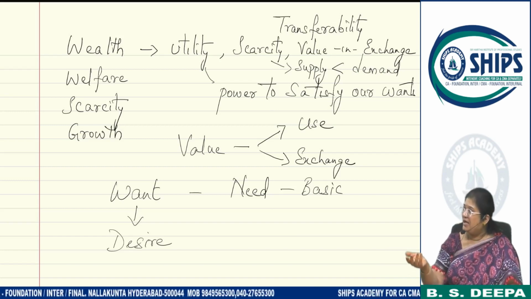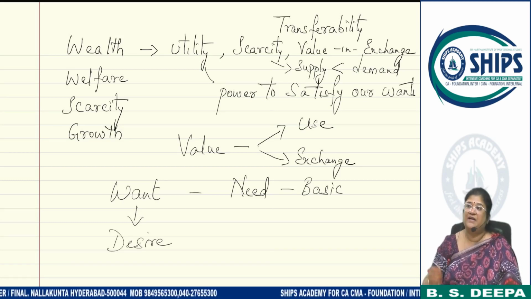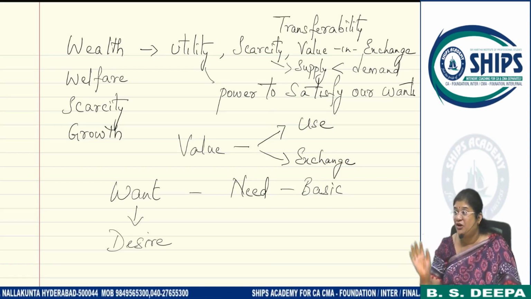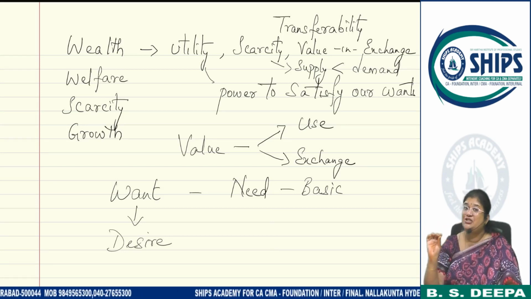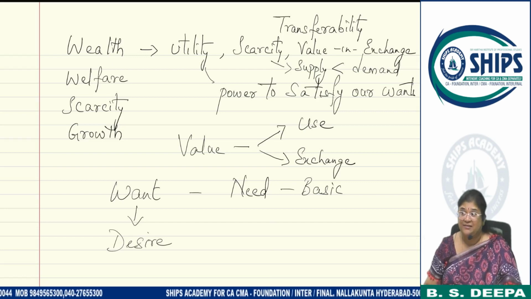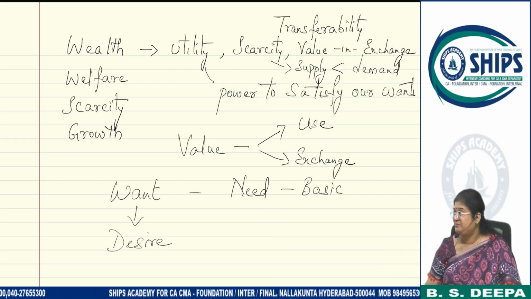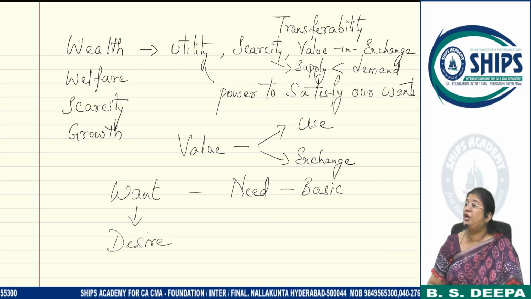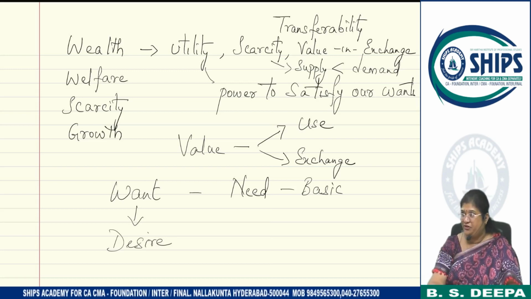Even a biscuit packet has a value in exchange, even a pen has a value in exchange, even a book has a value in exchange. They are not free. They have some value which has to be expressed in terms of money, right? And in money terms you buy and you sell. So when we are talking about value in use, we are only talking about in usage, how useful is it.